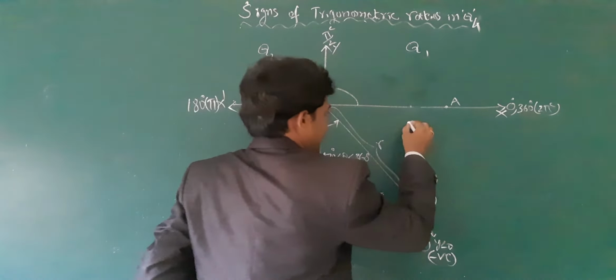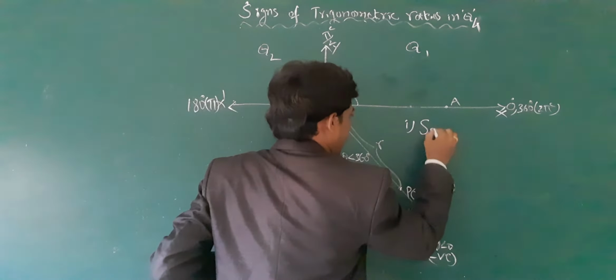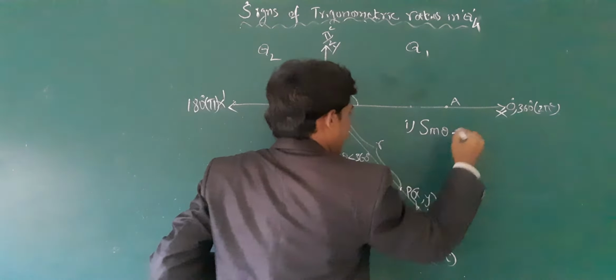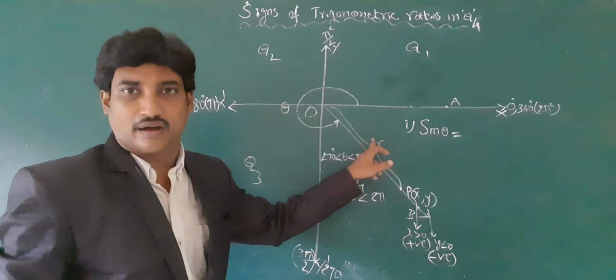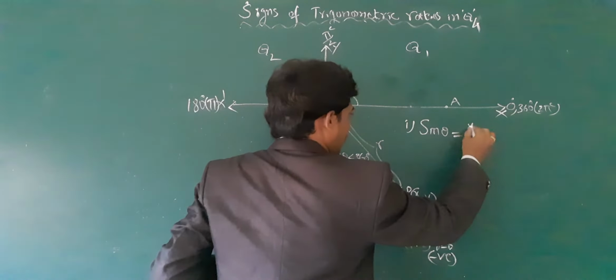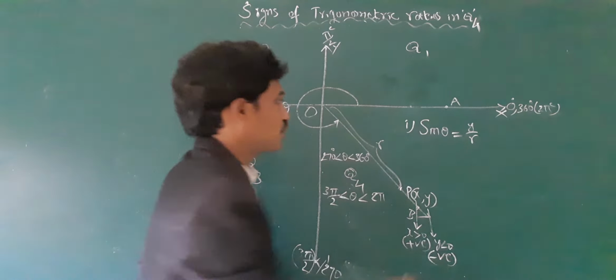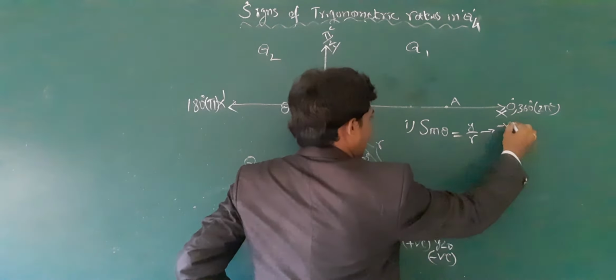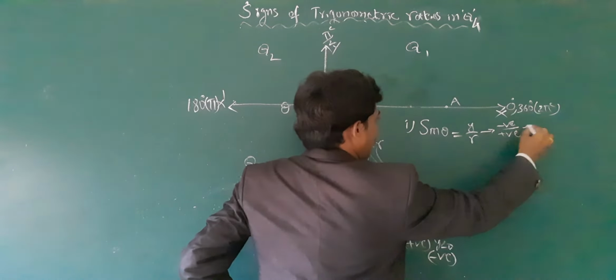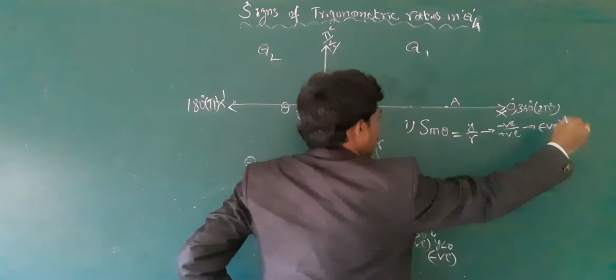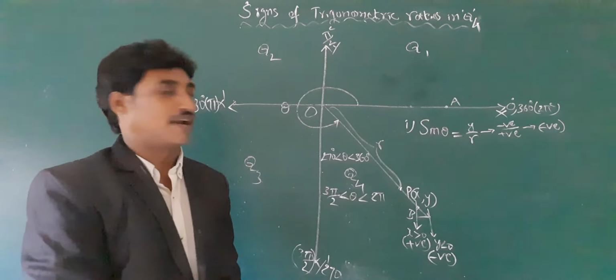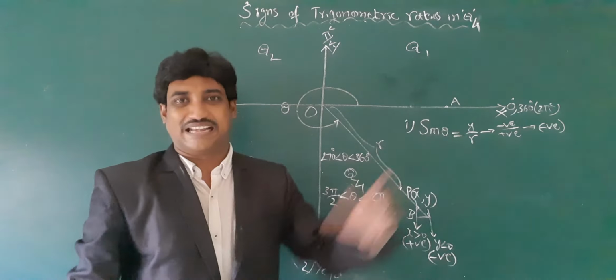First of all, sin theta. Sin theta is y by r. Here y is a negative quantity, and r is positive. Negative by positive, we have a negative quantity. Ratio sin theta is negative.